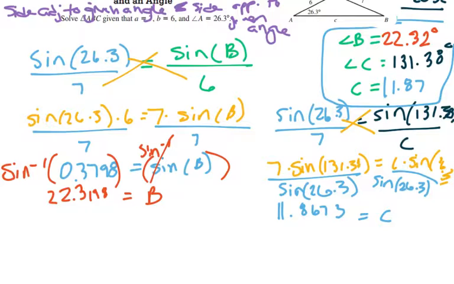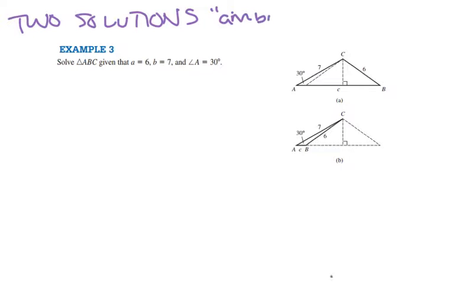The next one, however, has 2 solutions. We call this an ambiguous case. And so because of that, what happens is that the angle stays stationary, but this side that's attached to it is longer than the one that's over here.